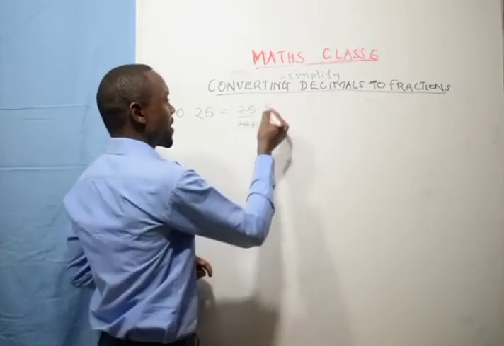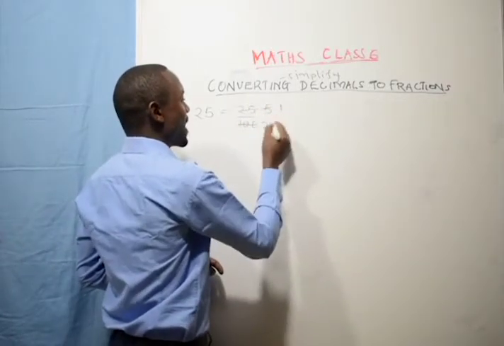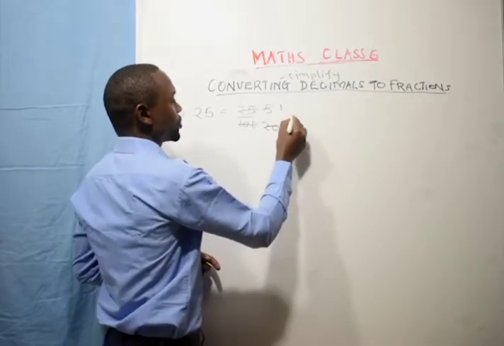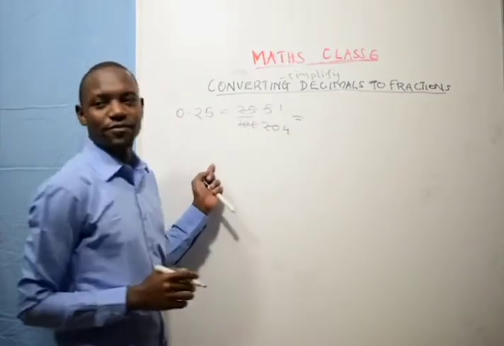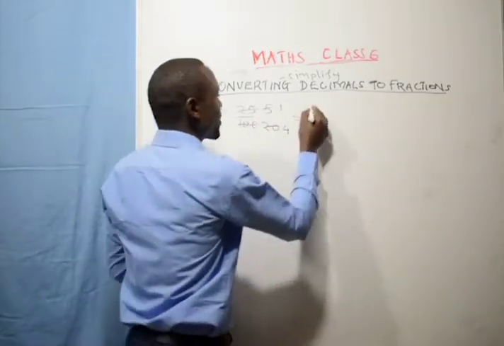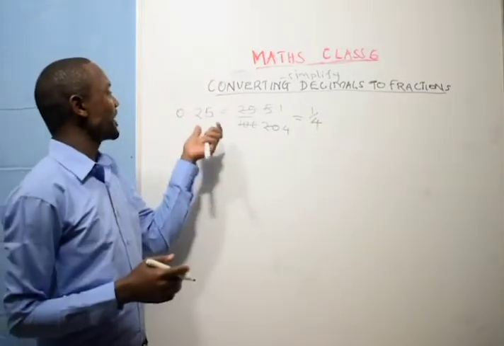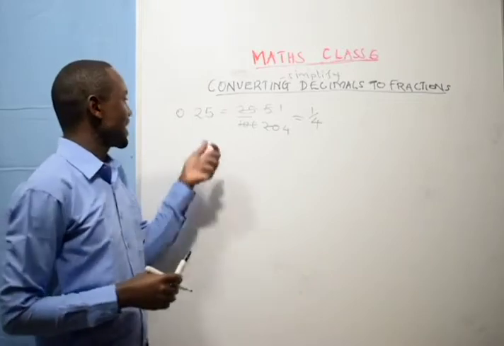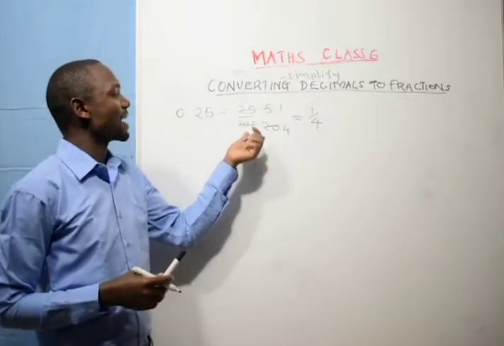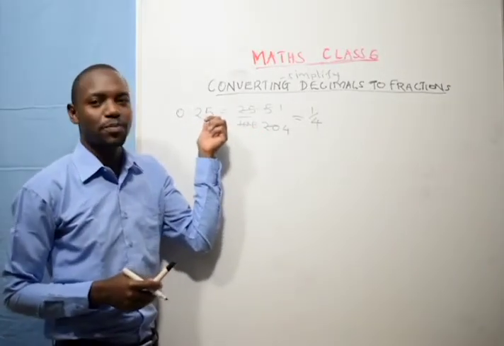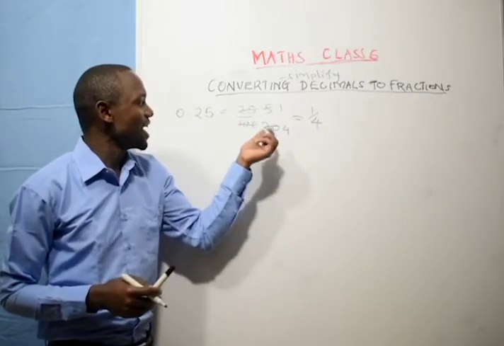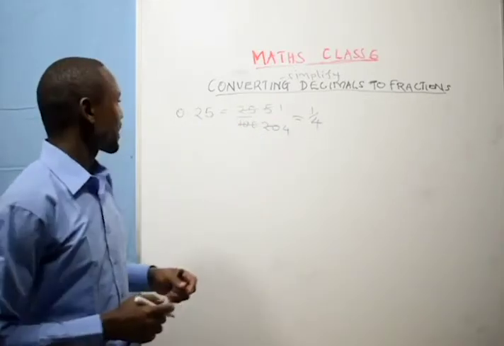No. We simplify further by 5: 5 divided by 5 is 1, and 20 divided by 5 is 4. So 0.25 as a fraction is 1 over 4. So we just look at the number of decimal places, then we write the number over a power of 10 with the number of decimal places as the number of zeros. Then we simplify.